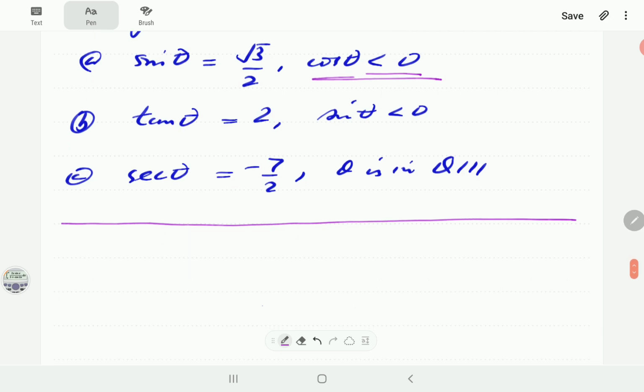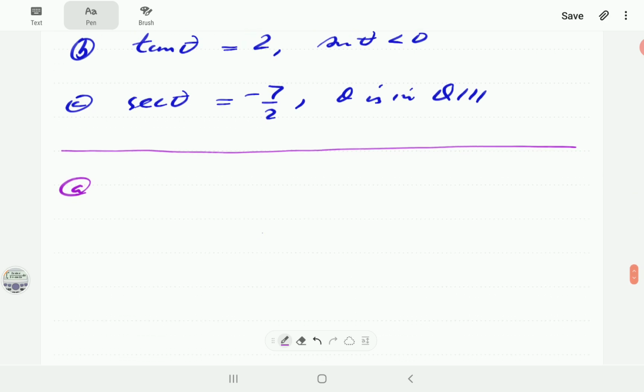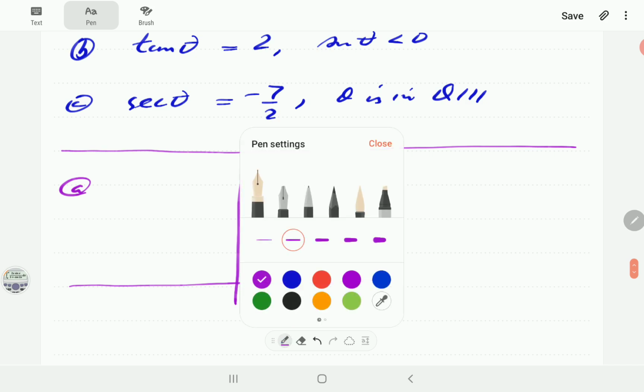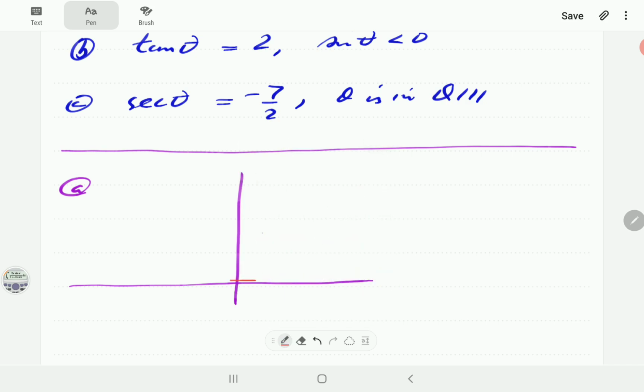So we first need to decide in which quadrant this angle is. So the quadrant where sine is positive and cosine is negative, there's only one. It's the second quadrant. So that means the orientation of this angle is going to be a bit like this.